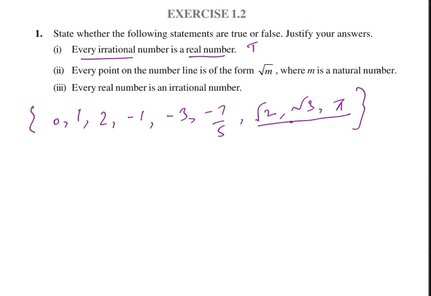So every point on the number line is of the form root m, where m is a natural number. Here the statement is false. Why?